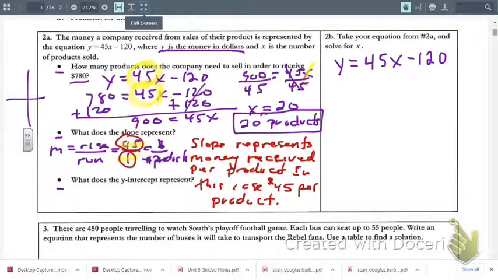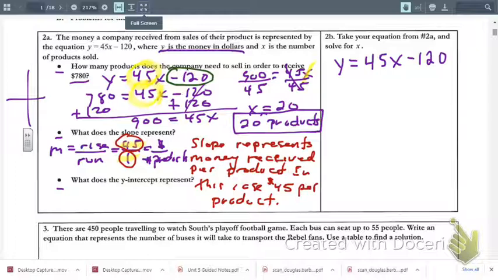All right, now what does the y-intercept represent? So negative 120 is your y-intercept. That's your initial value. So what the y-intercept represents in problems like this is how much money it is to make the product. So the company spends $120 to make the product before it can sell it out.